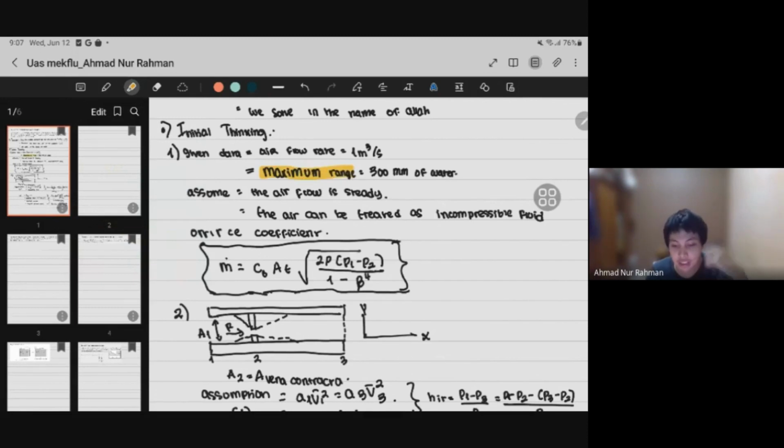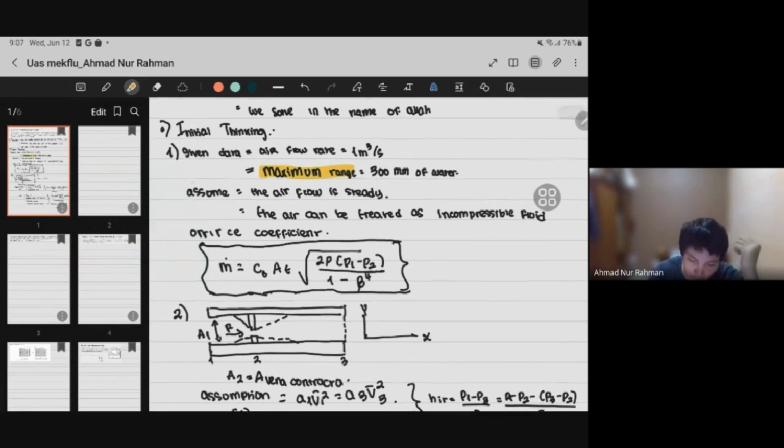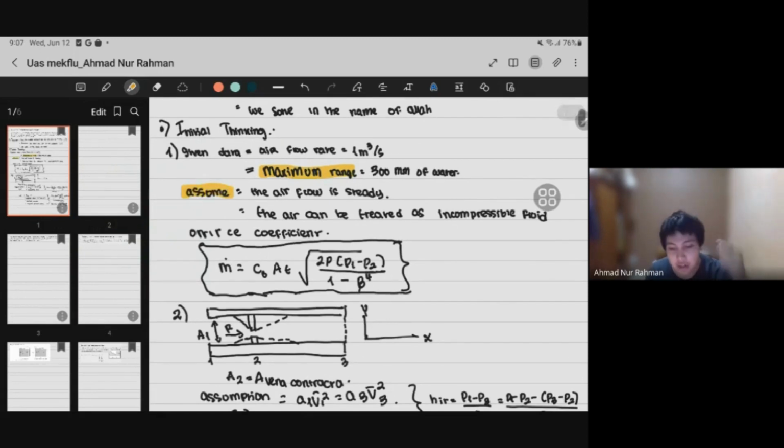In the initial thinking step, we assume that the airflow is steady and the air can be treated as an incompressible fluid. So the equation we get from the assumption above is the orifice equation using the orifice coefficient. This is the equation.